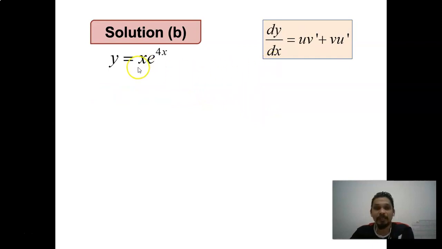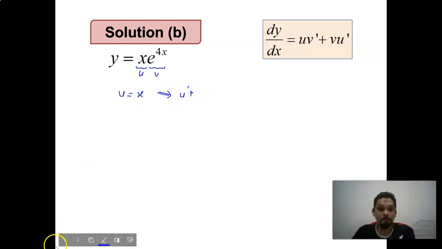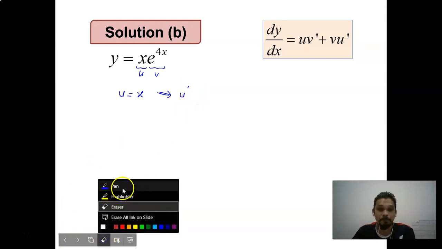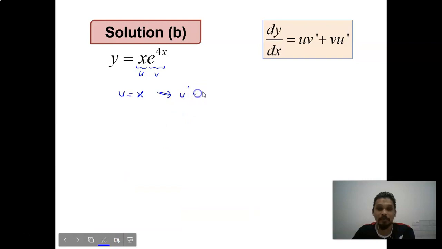Okay, now just imagine that this is u and this is v. So u equals x, then u prime equals 1, and v equals e to the power of 4x.